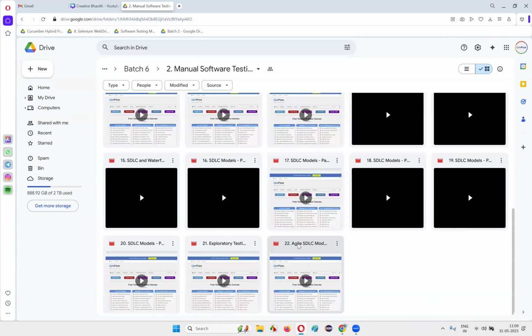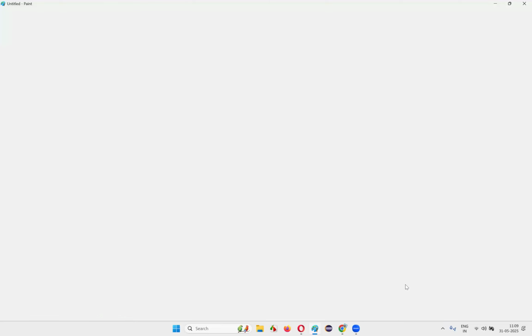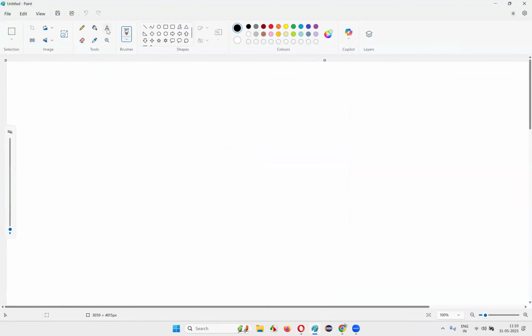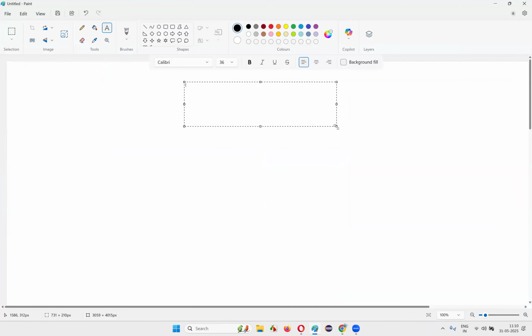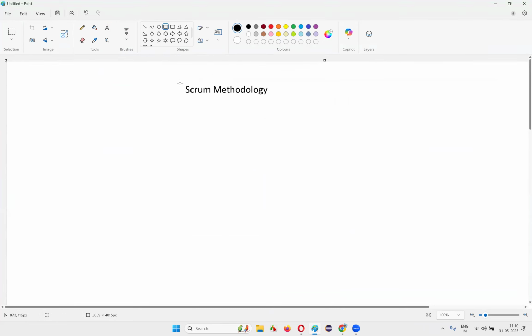Okay, so the Agile SDLC model was covered for you in the previous session, right? In today's session, I am going to cover Scrum methodology under Agile.